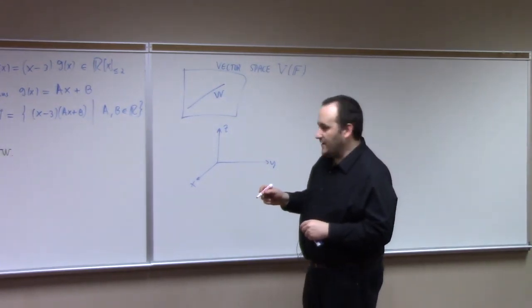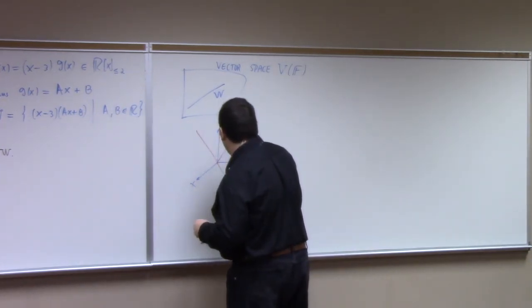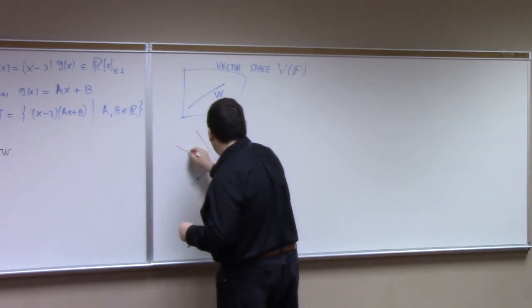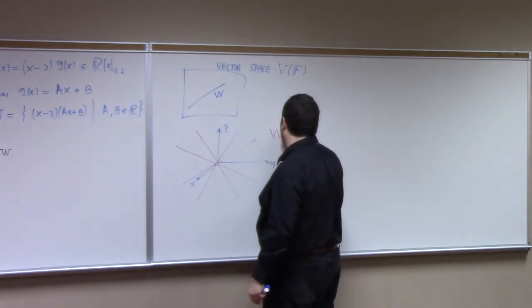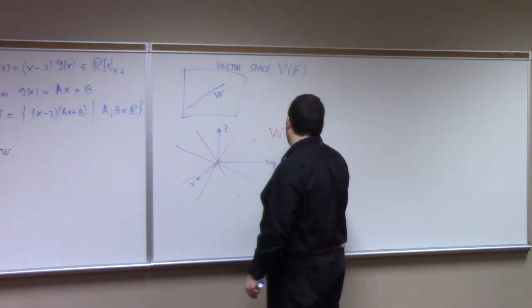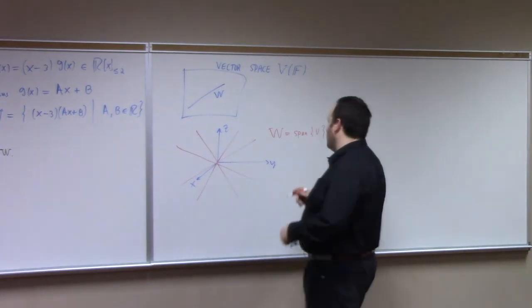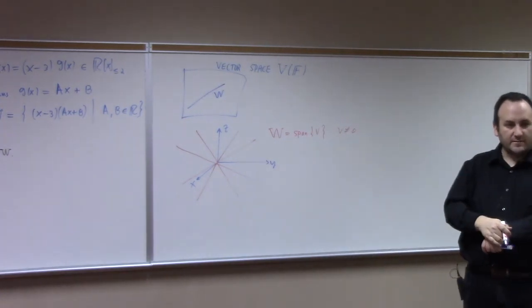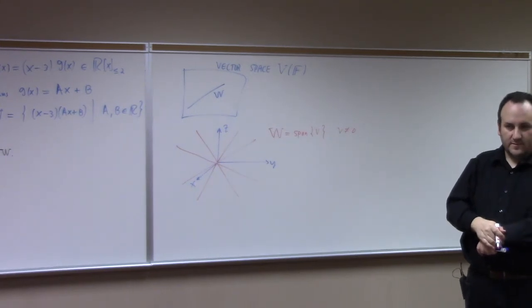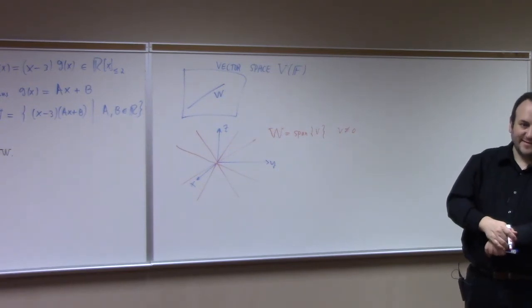The other kind of subspaces you have are just lines through the origin. Something like W is the span of v, with v not equal to 0. Lines through the origin are subspaces of R3. Right? 0 is a subspace of R3. All of R3 is a subspace of R3.